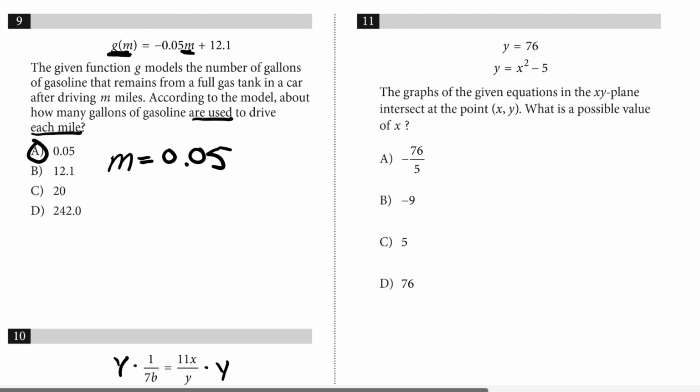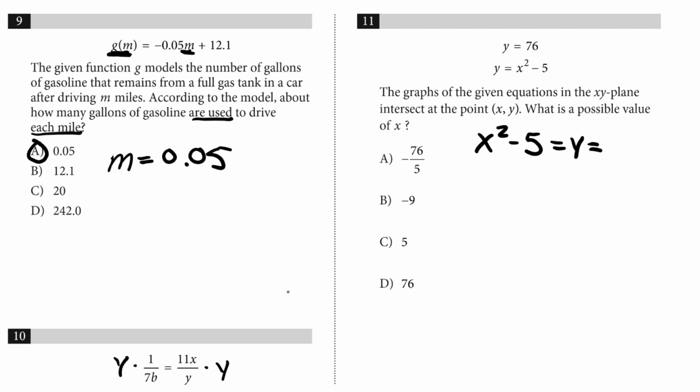Number 11. The graphs of the given equations in the xy plane intersect at the point (x, y). What is a possible value of x? Since we have y equals 76 and y equals x squared minus 5, we're going to set those two equal to each other. x squared minus 5 equals y, and y is also equal to 76.